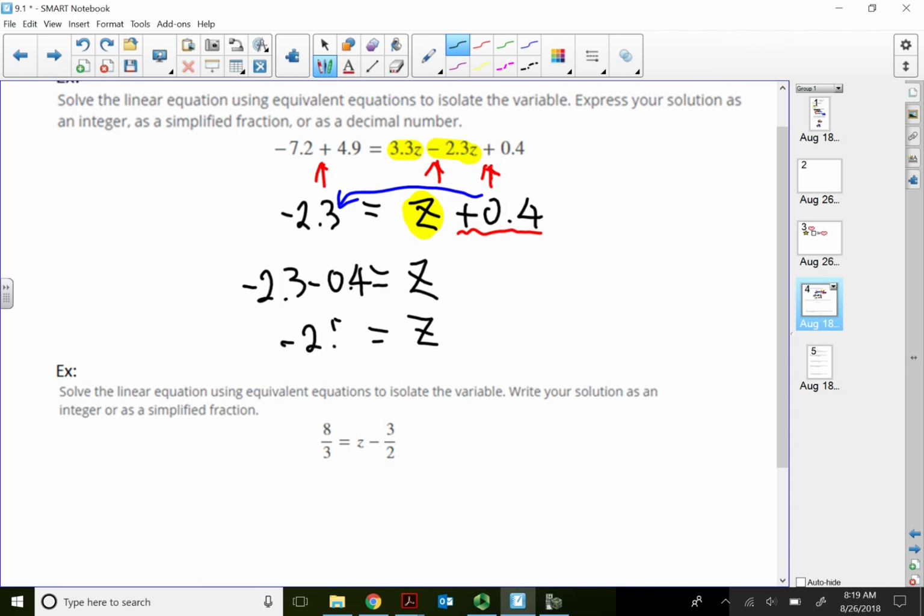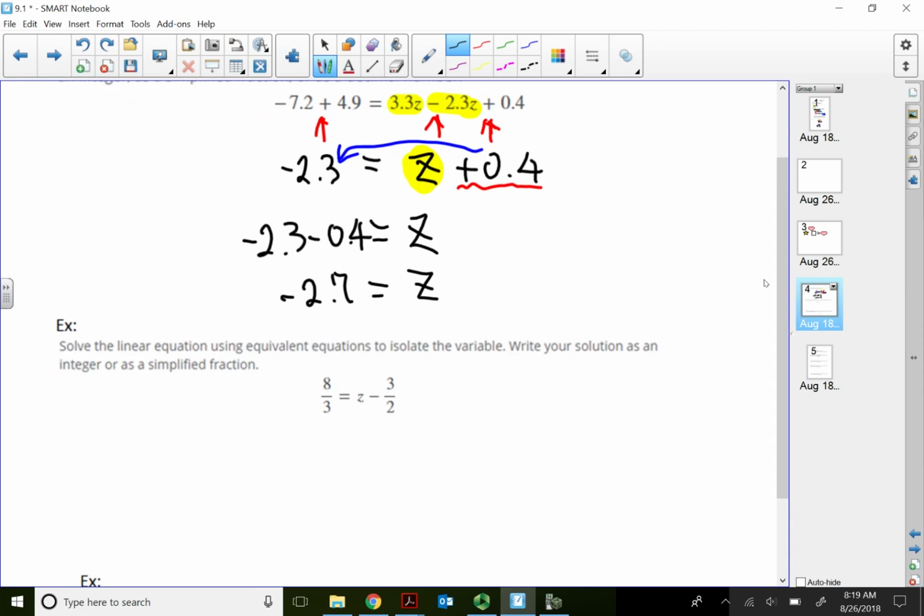So my answer, z equals negative 2.7. All right. Remember, the variable term can be on the right side or the left side. Always try to read the answer from the variable term. That's a good habit to have.